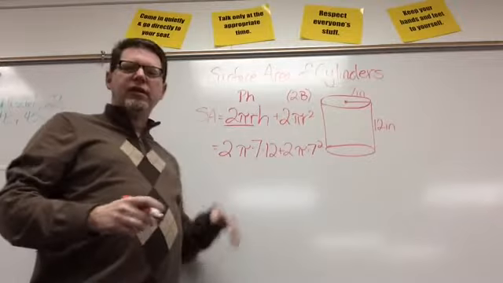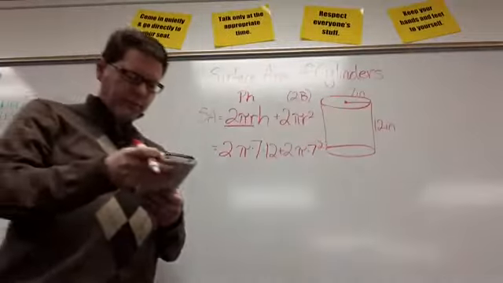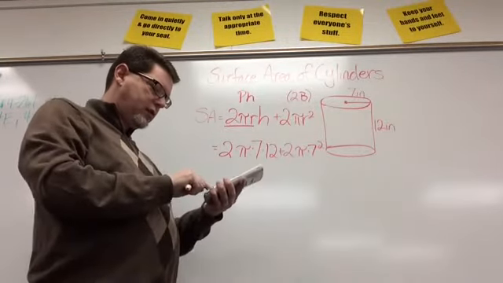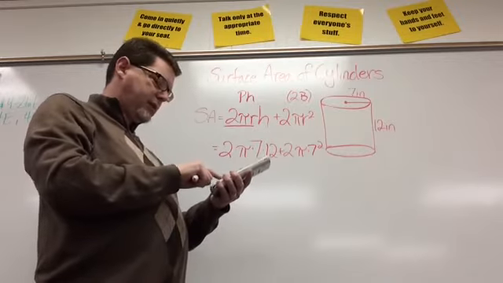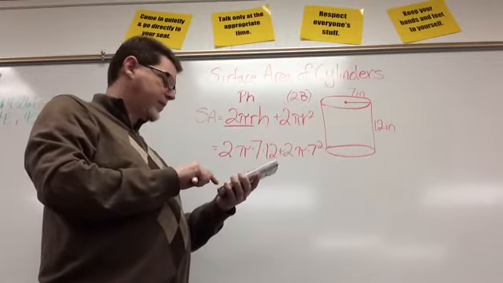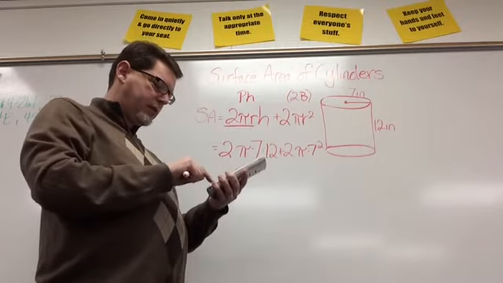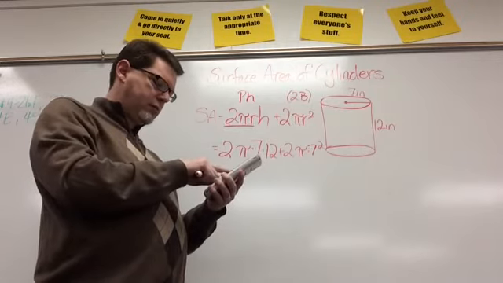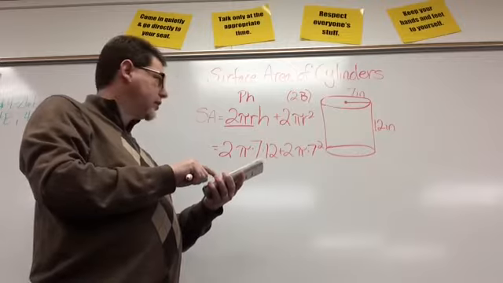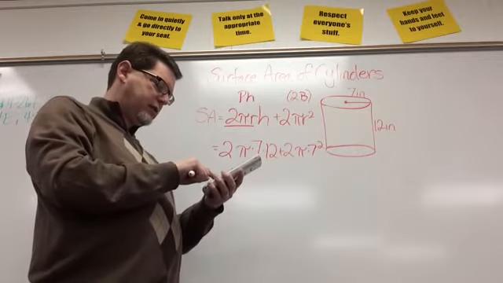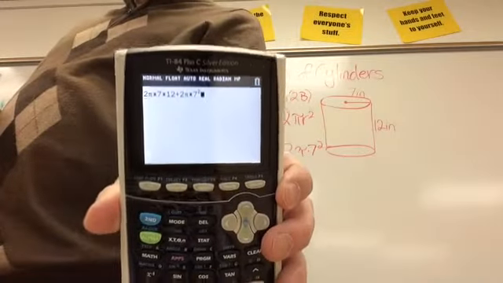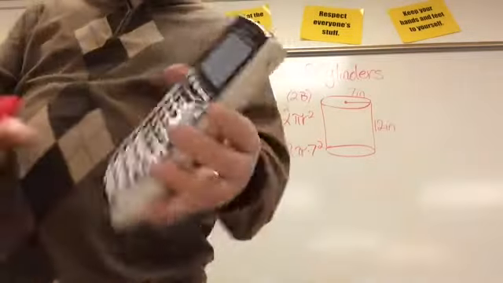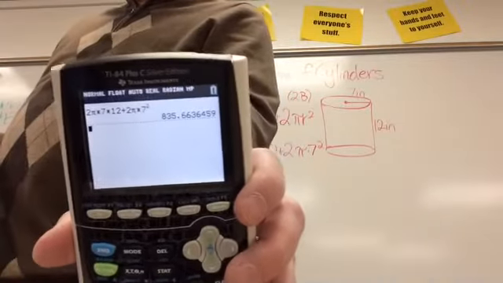And once I have that written down, I just plug it into the calculator. 2 pi times 7 times 12 plus 2 pi times 7 squared. And that's what it would look like on the calculator. And I hit enter. There's my answer.